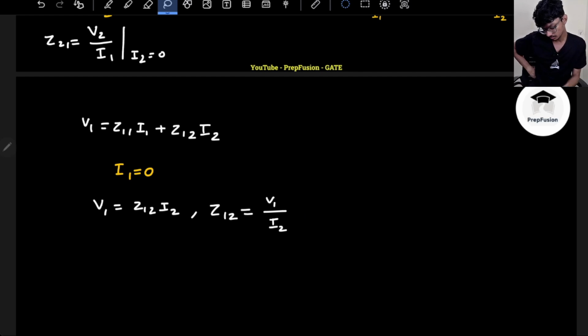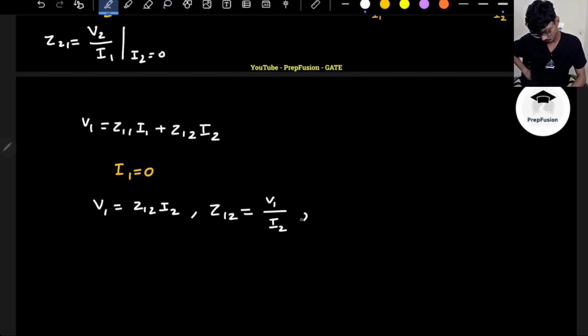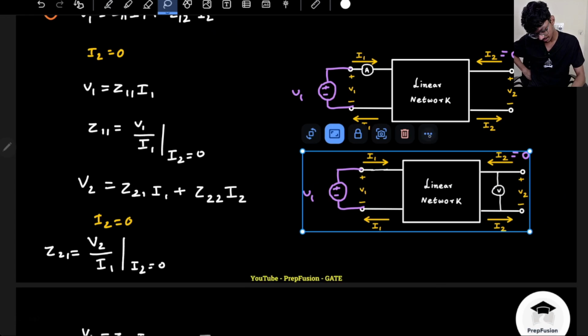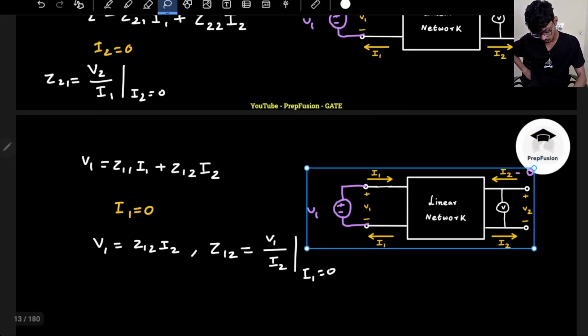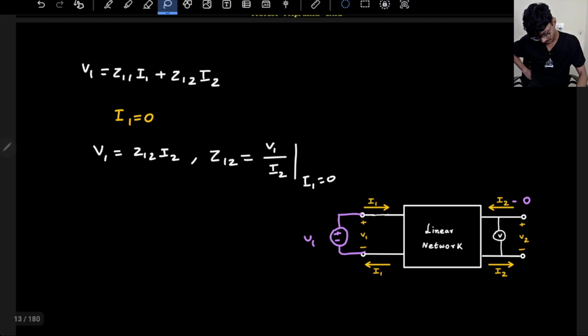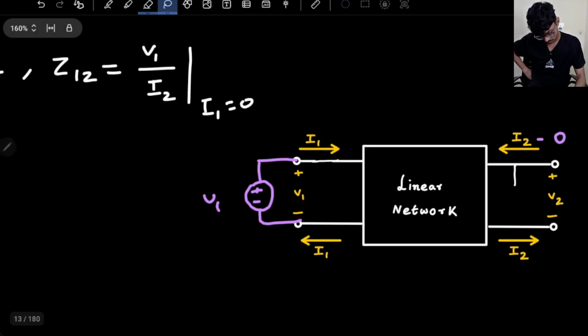Now this is when my I1 equals 0. So again I will copy the network, and this time the voltage source will be applied in port 2, not in port 1.